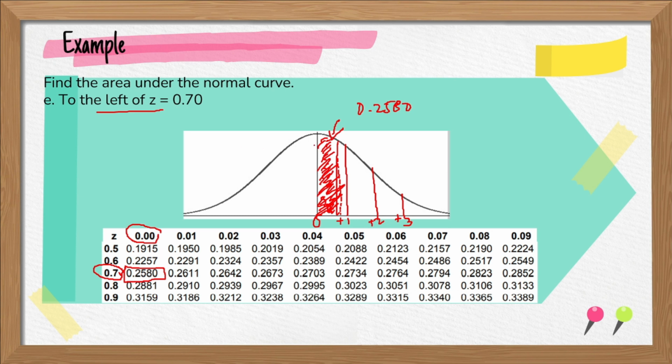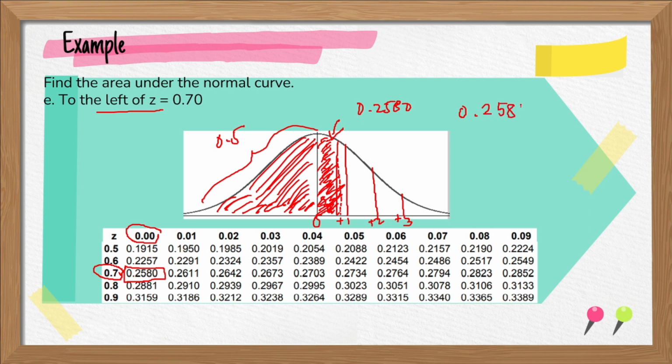So, ang sabi, we have to find the area to the left of 0.70. So, that means, yung lahat dito sa left, kailangan natin kunin din ang area. So, ang area nito ay 0.5, kalahati. So, i-add din natin siya. So, 0.2580 plus 0.5000.